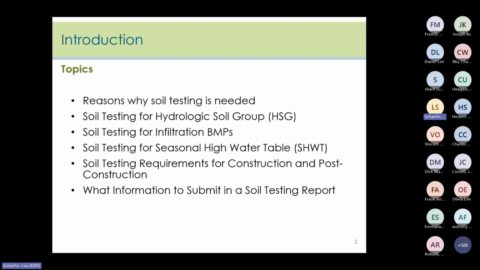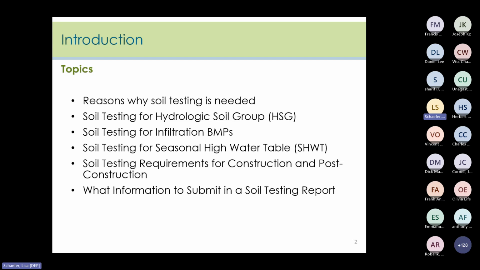All right, so we will cover today the information here from Chapter 12: why soil testing is needed, testing for determining the hydrologic soil group, or HSG, soil testing for infiltration type BMPs, soil testing to ascertain the location of the seasonal high water table, soil testing requirements for construction and post-construction, and what to include in a soil testing report.